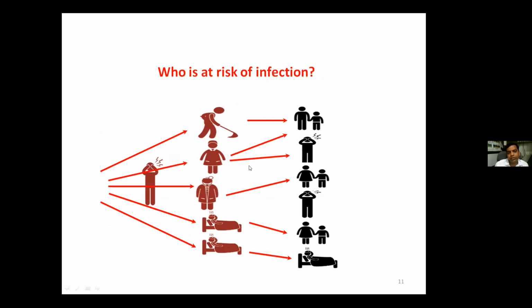Not only the patients, but the housekeeping staff, the attendants, the nurses, doctors, and every visitor within the hospital, within the healthcare setting, and also the community people are at risk of healthcare associated infection. As I said in my initial slides, it is a broader term which includes infection outside, after discharge, among the staff, and among the visitors and other categories of people.